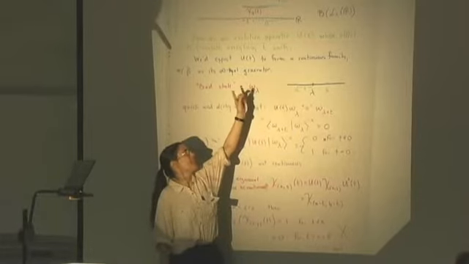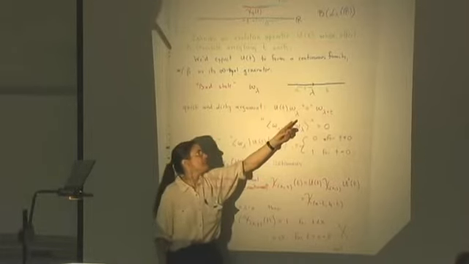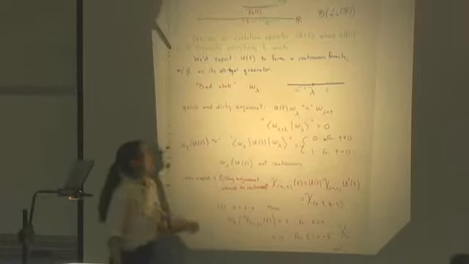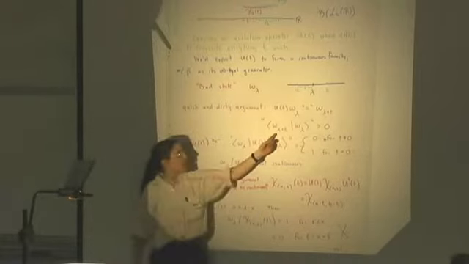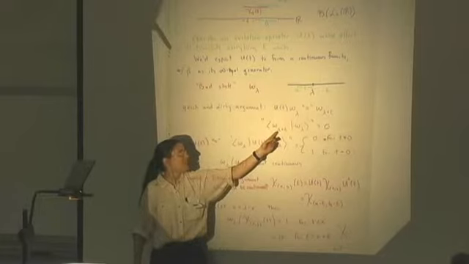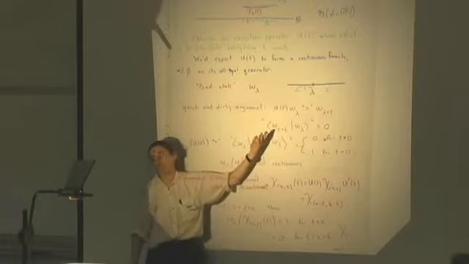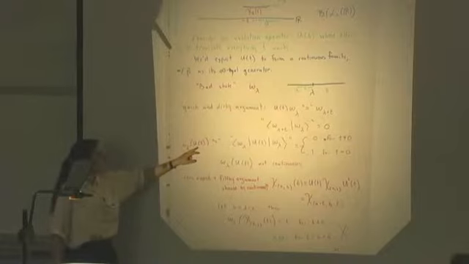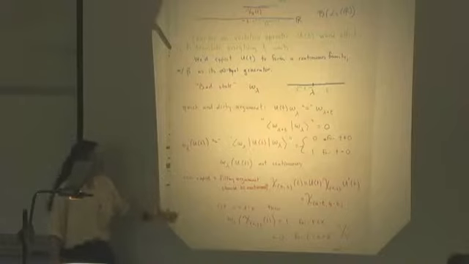you get the state omega lambda translated by t. The way these states are defined, if t is different from 0, omega lambda and omega lambda plus t are going to be orthogonal. And what that means is the image of the unitary operator U(t) under omega lambda is going to have a discontinuous jump at t equals 0.